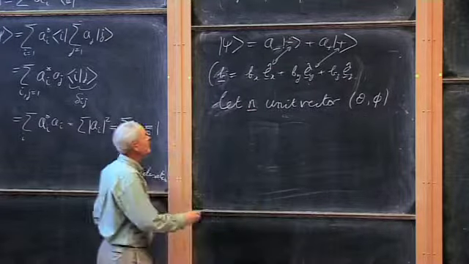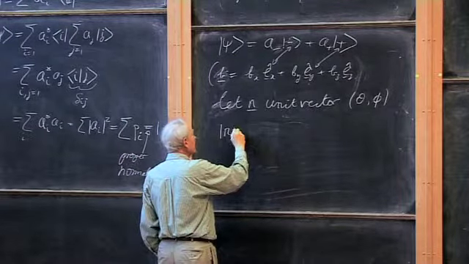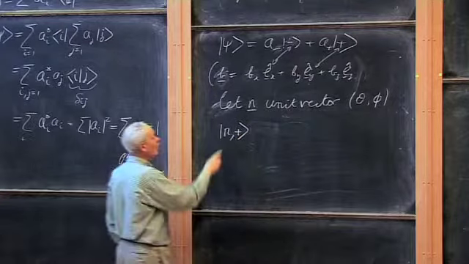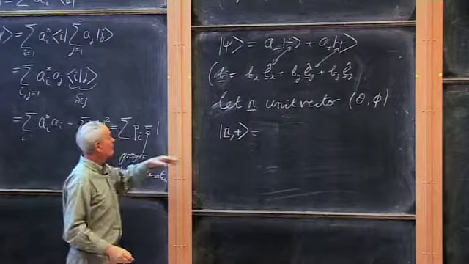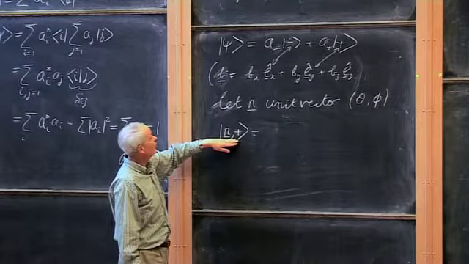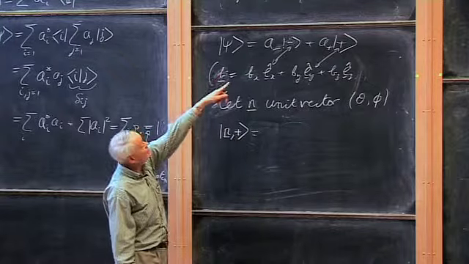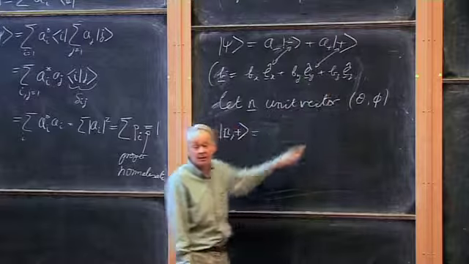Then I make the following assertion, that the state of being plus along the vector n is a state of my electron. So if it's true that that's a complete set, it must be writable as a linear combination of this state and this state, right?